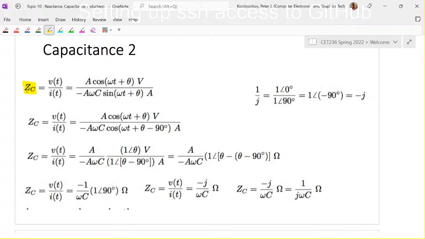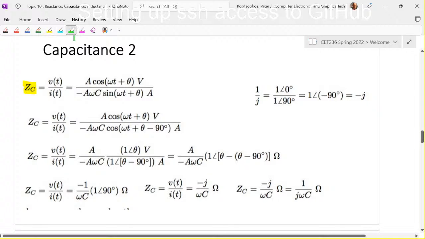And then I know the phase relationship between cosine and sine. So I can replace my sine omega t plus theta with a cosine omega t plus theta minus 90 degrees.